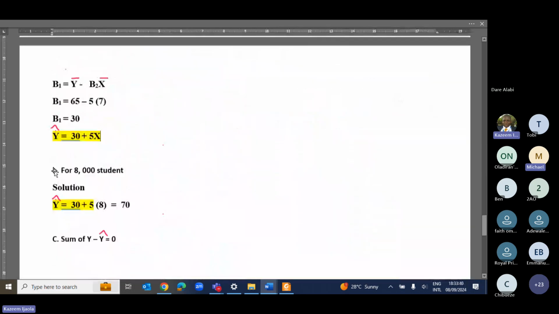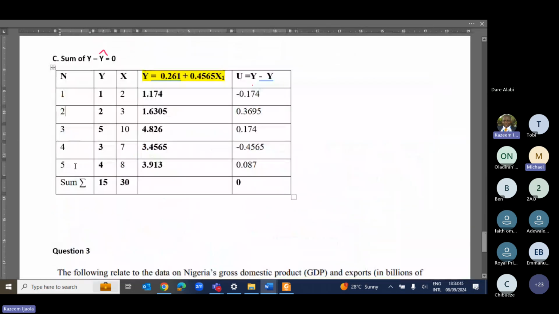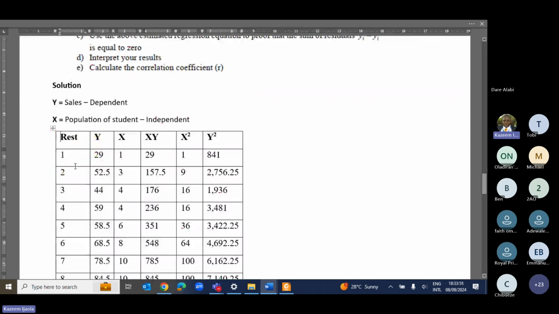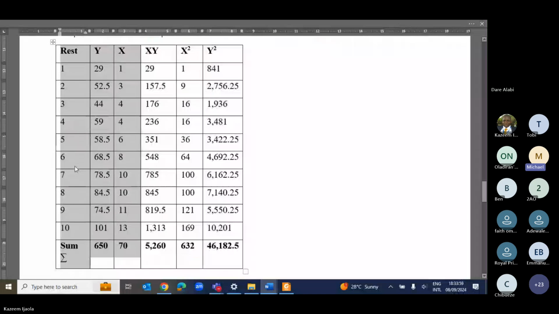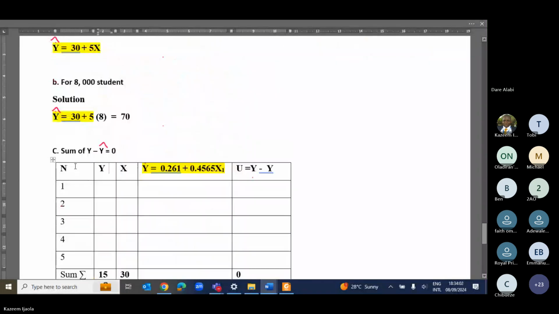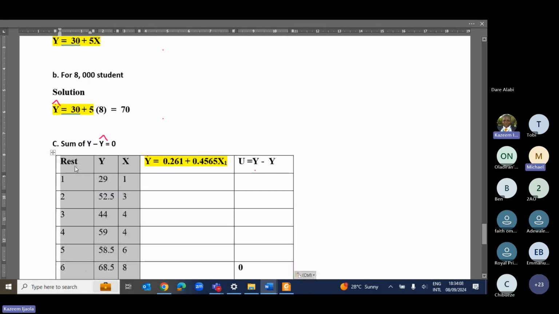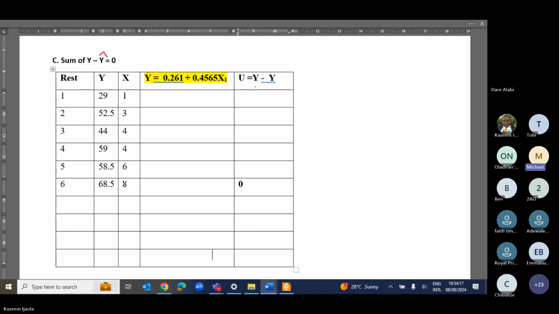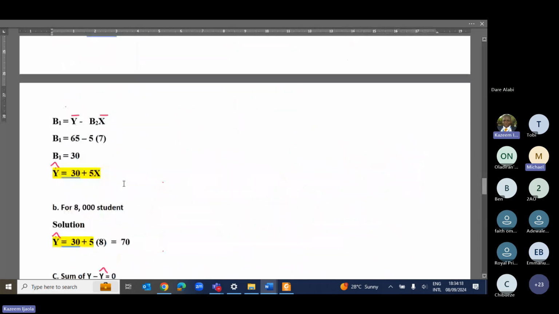Let's do it. So we have about 10 observations. Don't worry, everything I need is already on the screen. I'll just copy and paste. So we have 10 observations, restaurants. I'll copy my y and x too. Okay, sorry, I didn't copy it well.